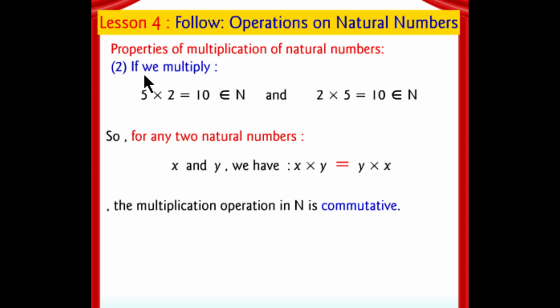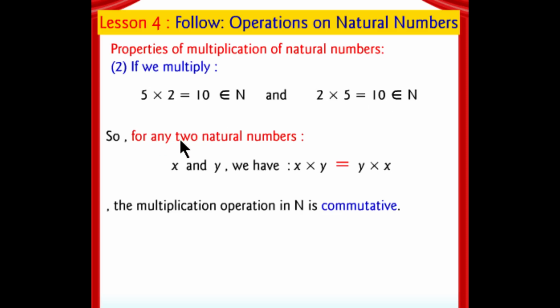2. If we multiply 5 times 2 equals 10, 10 belongs to natural numbers. And 2 times 5 equals 10 belongs to natural numbers. 5 times 2 equals 2 times 5 equals 10.